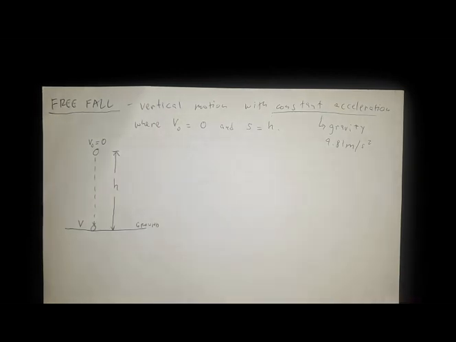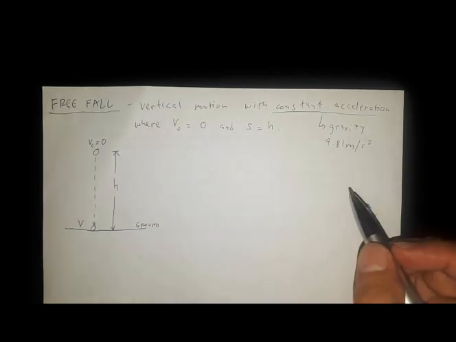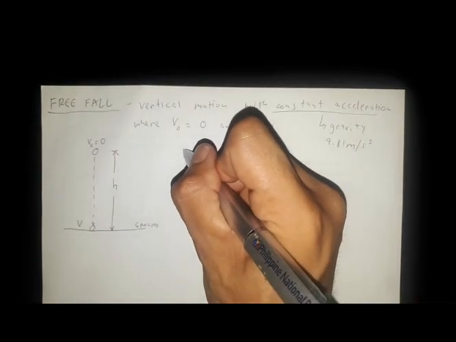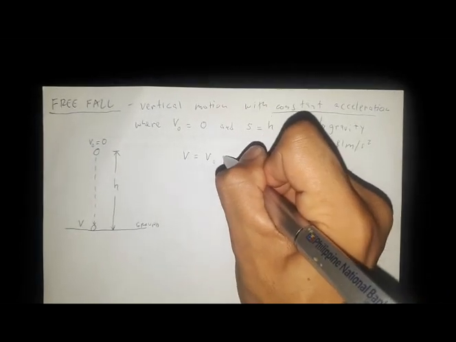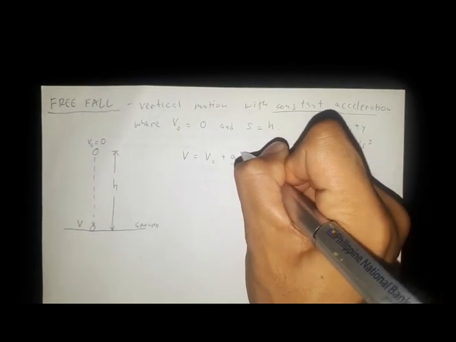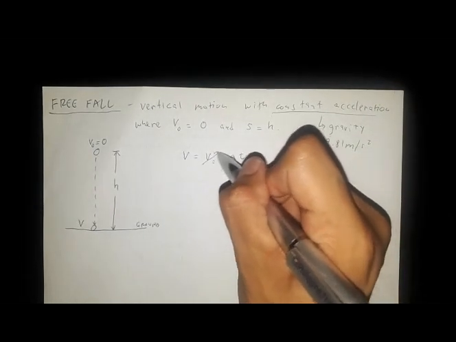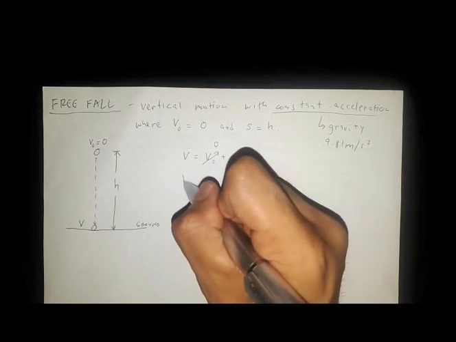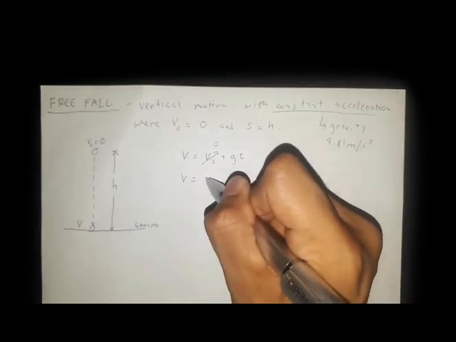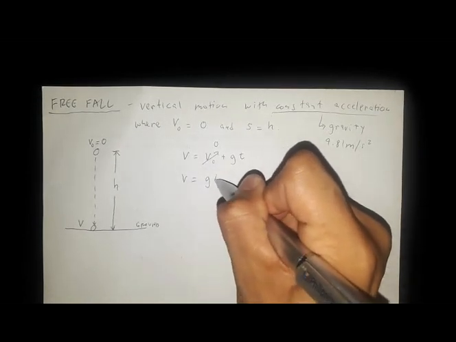So, applying the three kinematic equations of motion with constant acceleration. First, the equation for the velocity as a function of time, where a is equal to g. Your initial velocity is 0, therefore we have V equals gt.